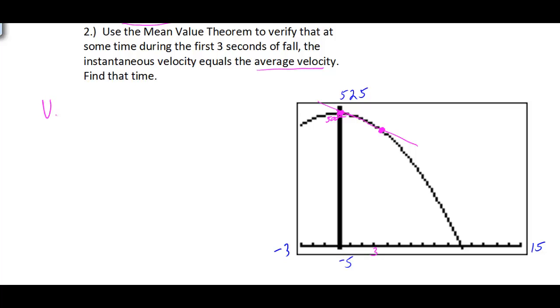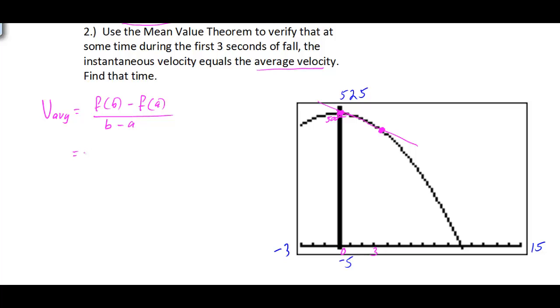Well, the average velocity, if we think of the mean value theorem, then we're going to take f of b minus f of a over b minus a. So once again, all we're doing here is looking at the slope, or the rate of change, from 0 to 3 seconds.